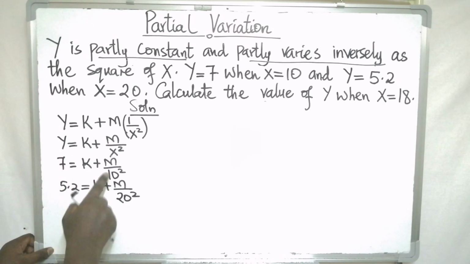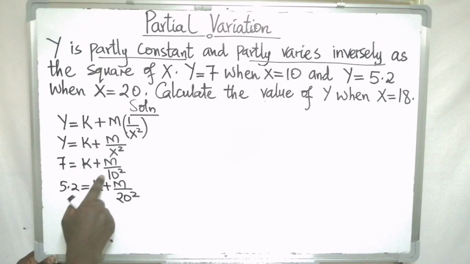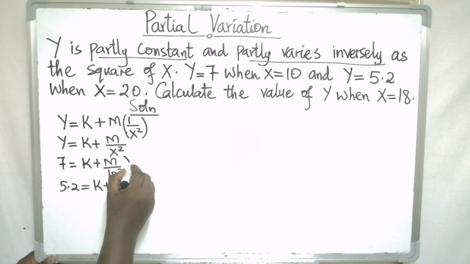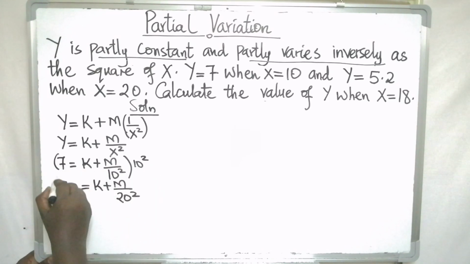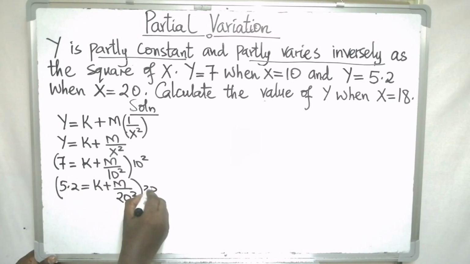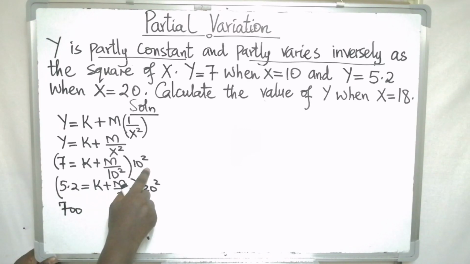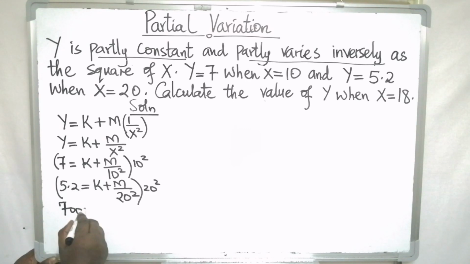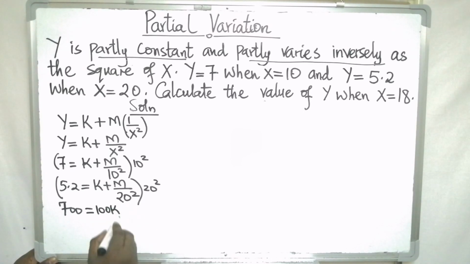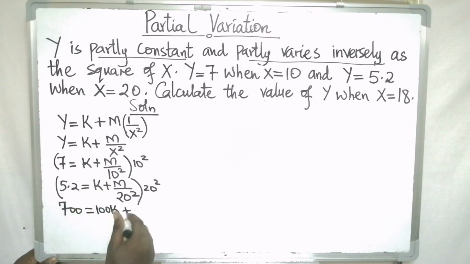But now we have fractions here. To make the equations easier to work with, we can remove the fractions by multiplying both sides of the equations by the denominators. We multiply the first one by 10 squared, the second one by 20 squared. So we're going to have 700 in the first one, because 10 squared is 100 times 7, gets 700, is equal to 100k plus 10 squared divided by 10 squared becomes 1, 1 times m.